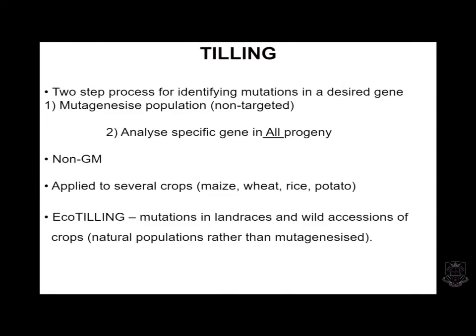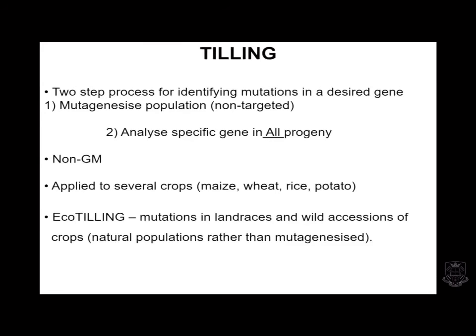So think about that, going back to the genome sizes. How many are you going to have to do this for? But you mutagenize this population, and then, and this is where the scale issue comes in, you have to analyze that gene in all of your progeny. You're going to scan it in all of the progeny to try and identify a line where you've mutated your R gene.